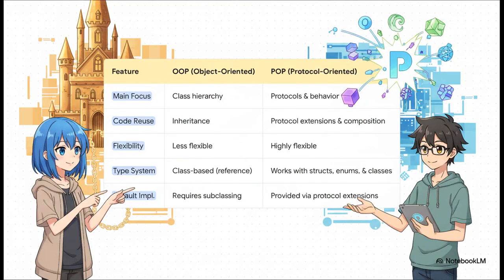So let's break it down. You can see how POP just shifts the entire focus away from rigid class hierarchies and towards flexible behaviors. And for code reuse, instead of being locked into inheritance, we get to use those awesome protocol extensions and composition. But for me, the biggest win here, the real game changer, is the flexibility with the type system. POP works beautifully with lightweight structs and enums, not just classes, and that's a massive advantage in modern Swift.